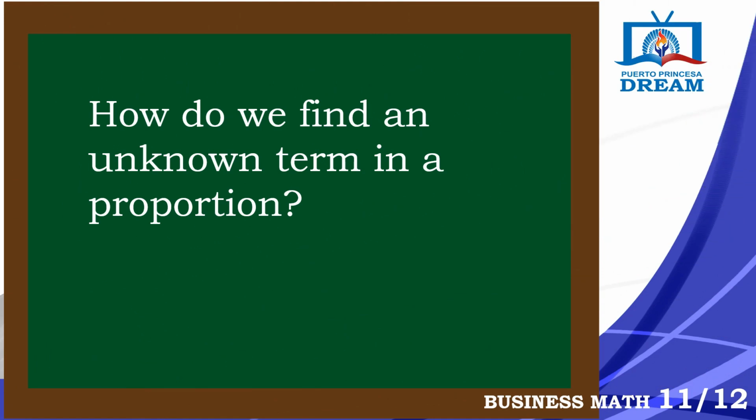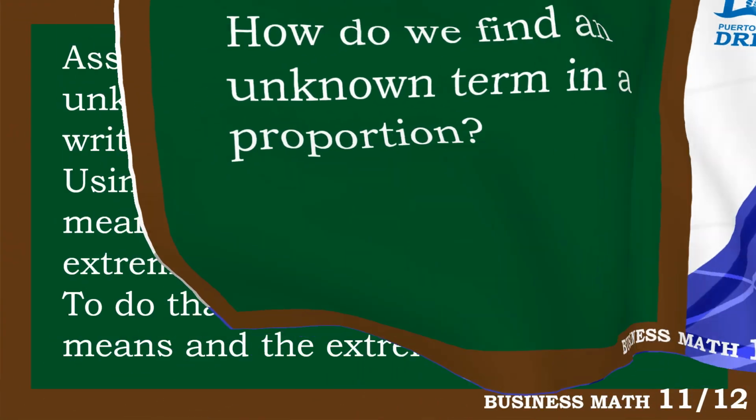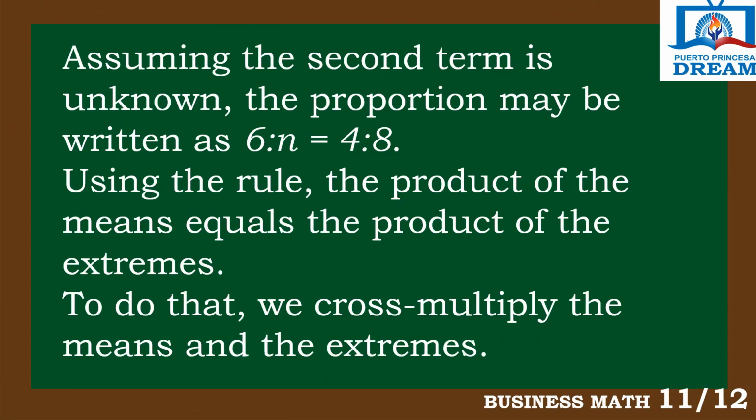How do we find an unknown term in a proportion? Assuming the second term is unknown, the proportion may be written as 6:n is equal to 4:8. Using the rule, the product of the means equals the product of the extremes. To do that, we cross-multiply the means and the extremes.